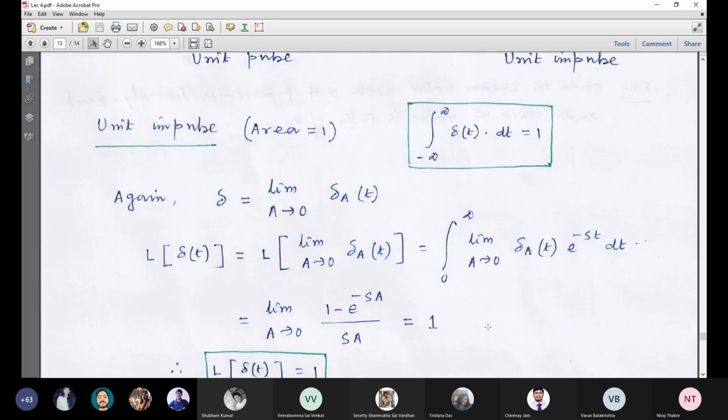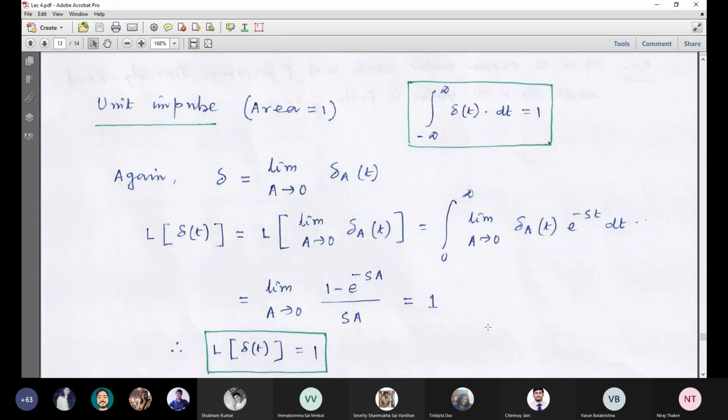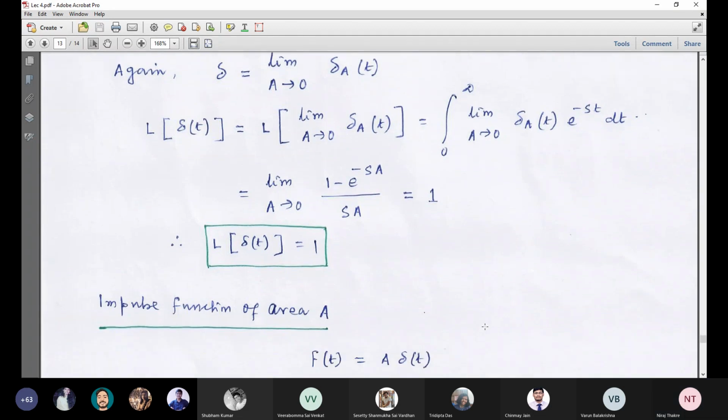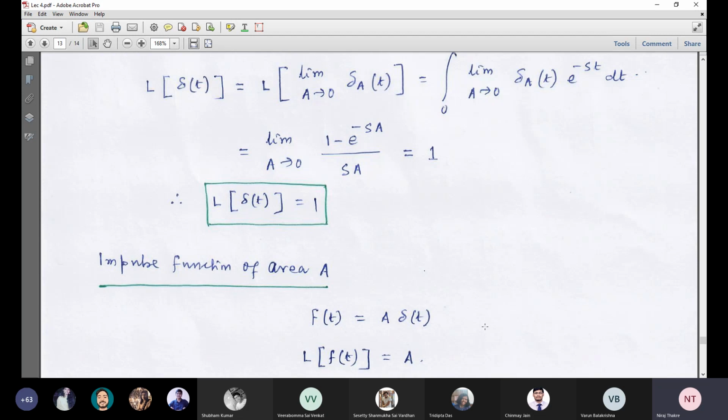Okay. Now if you consider any area, then it is this.